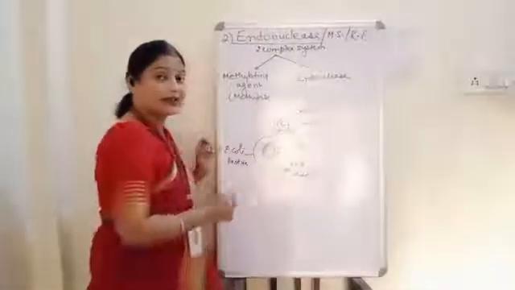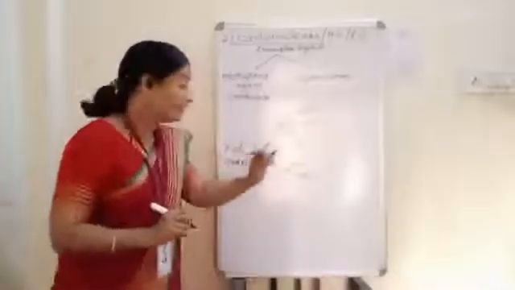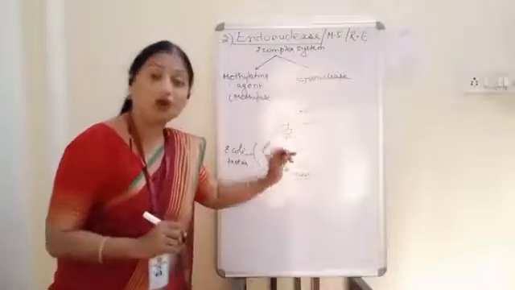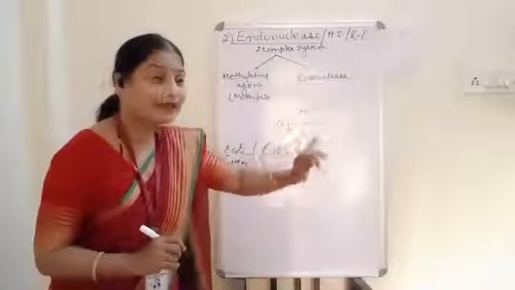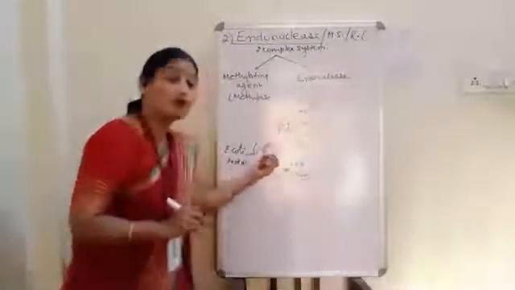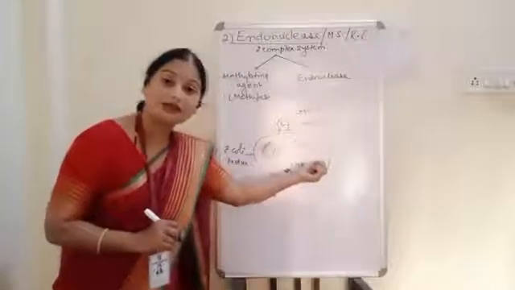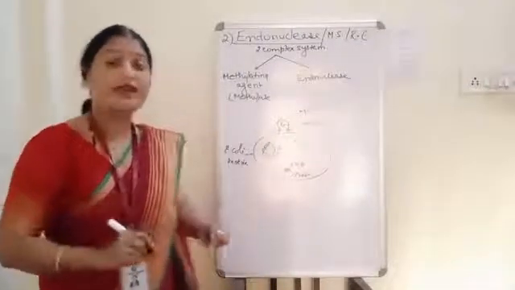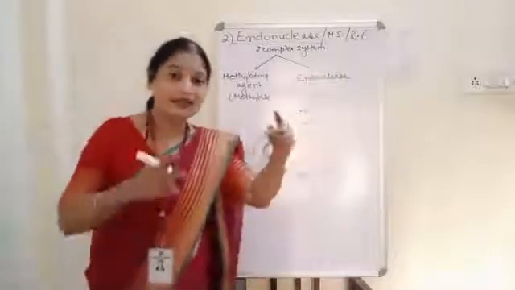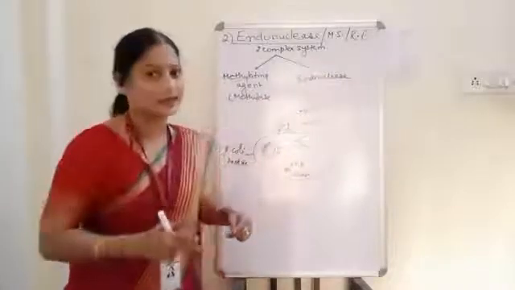Now, in this case, the endonuclease will not be able to identify the A and T position in the case of host DNA as well as the viral DNA. So wherever it finds AT, it will go and cut that DNA.